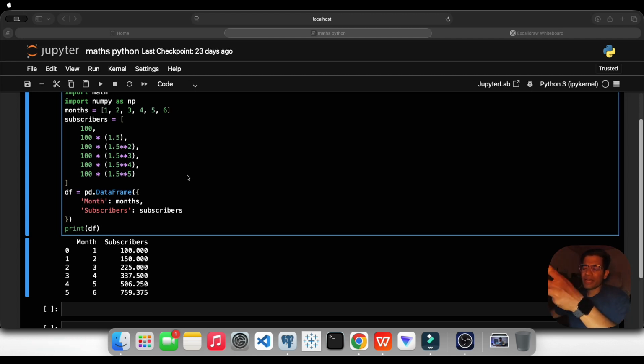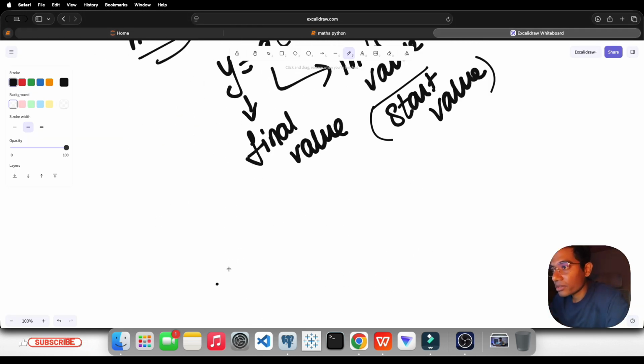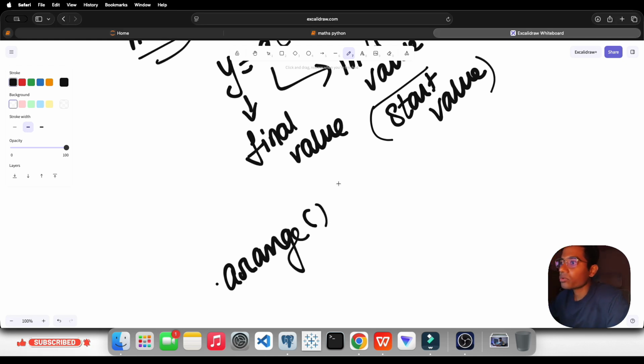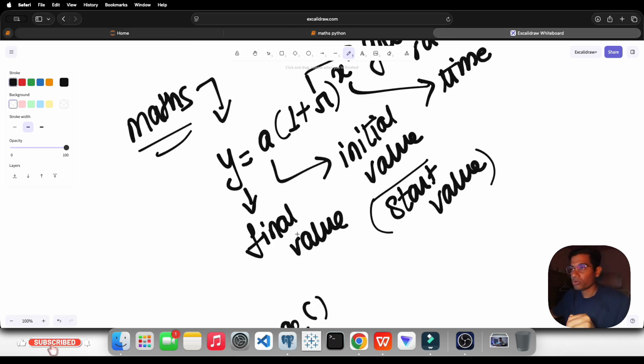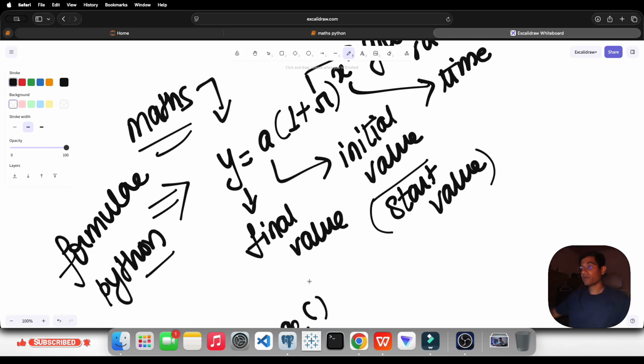It would be better, why not use the formula here, because I want to talk about the thing that is called a range. I want to introduce this topic to you all, and that is the reason I want to use it. So let's use the same formula here in Python, but in a manual way. Let's do this.